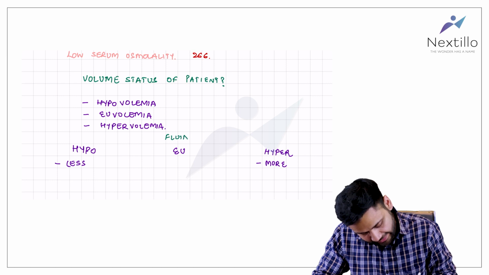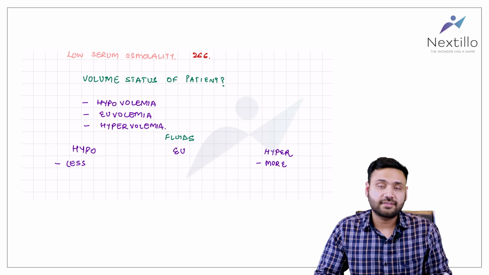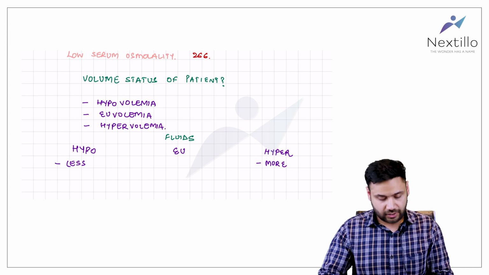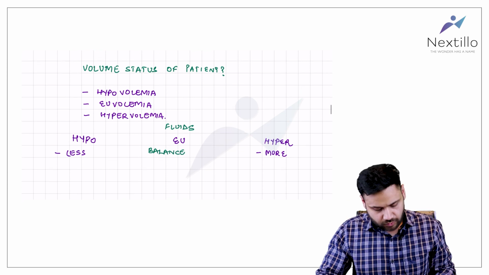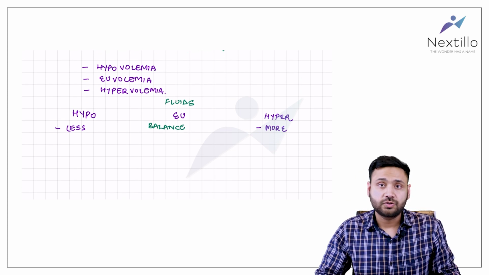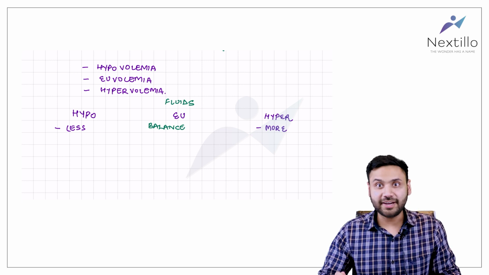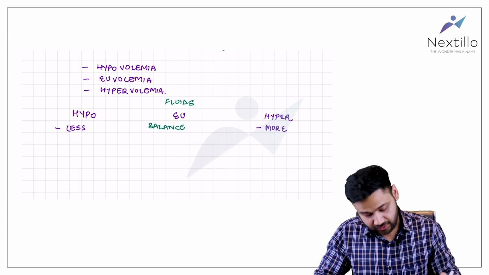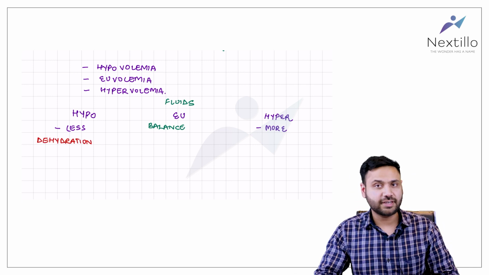Since we are discussing fluid status, hypo means less, hyper means more. And in euvolemia, what would happen? There is balance. So what happens if there is hypovolemia in a patient? Since the fluid is less, it would be equivalent to dehydration. You guys are right. So what are the signs of dehydration?